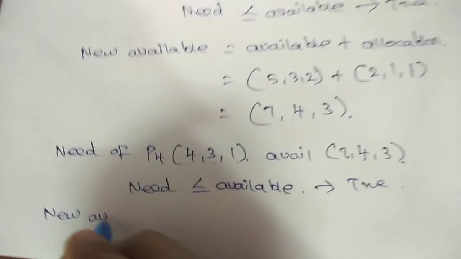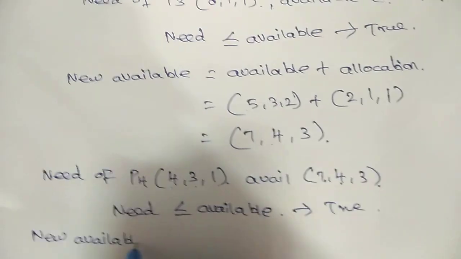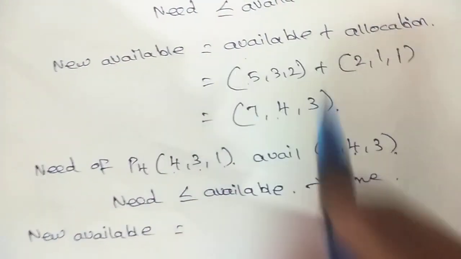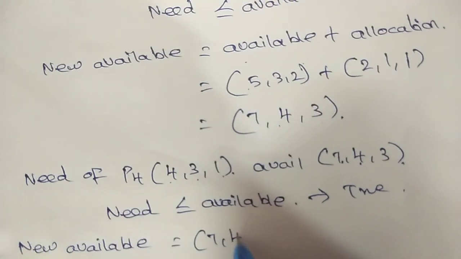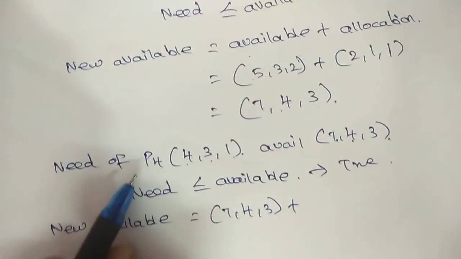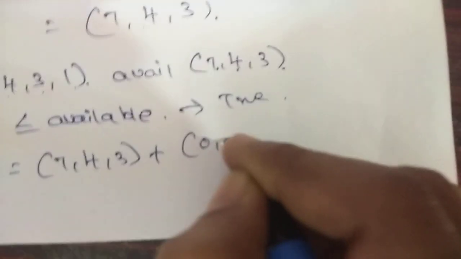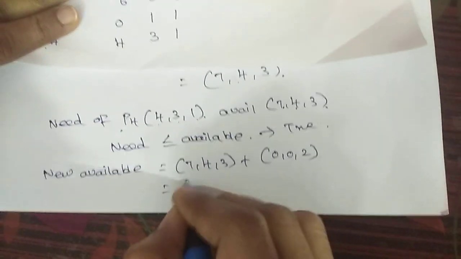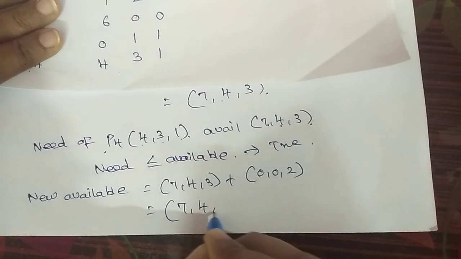At that time we are going to calculate the new available. What is the available here? 7, 4, 3 plus allocation of process P4, that is given in the equation, 0, 0, 2. So we add 0, 0, 2 to get 7, 4, 5.